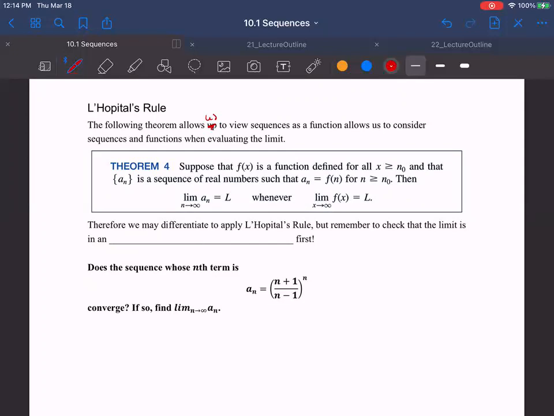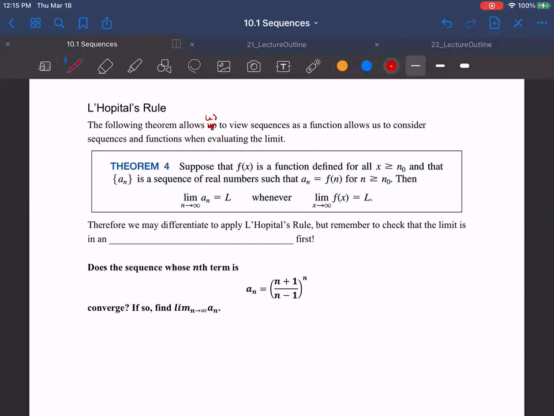So suppose that f of x is a function defined for all x greater than n naught, and that the sequence a sub n is a sequence of real numbers such that a sub n equals f of n for all n greater than n naught. Then what we're saying is the limit of our sequence is L whenever the limit of the function is L.